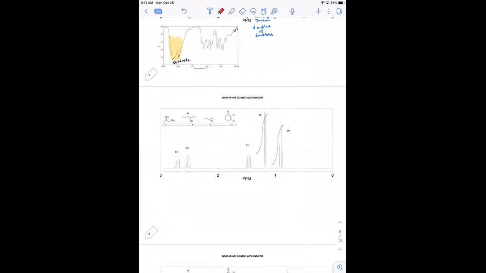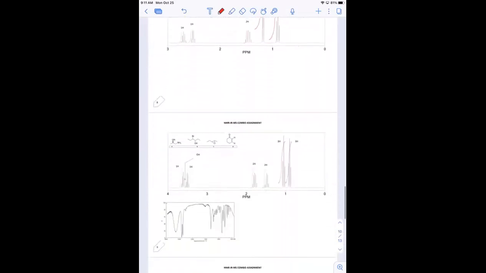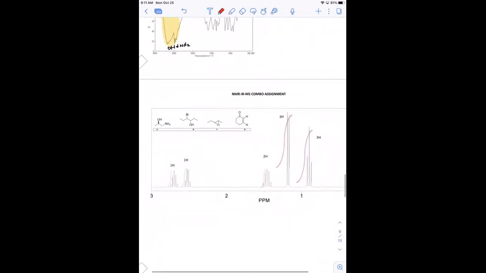Five. 5 signals. Okay, good. And we don't have any infrared information. No infrared data. All right. But we can see that it's 5 signals.